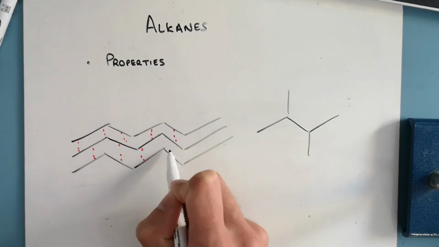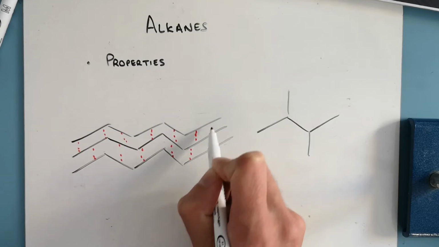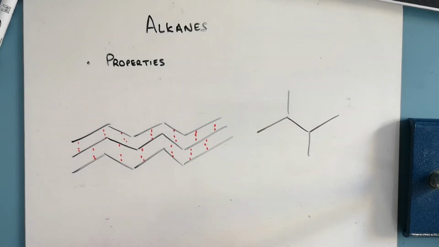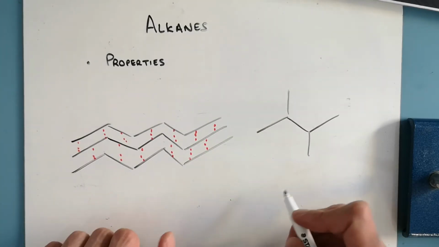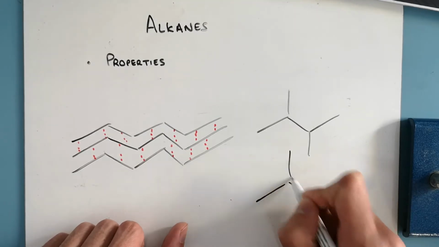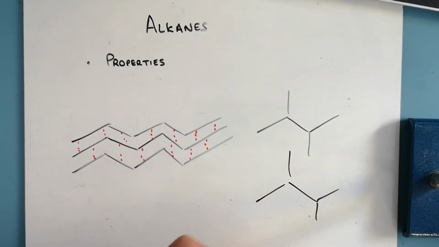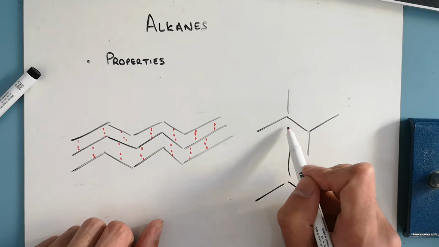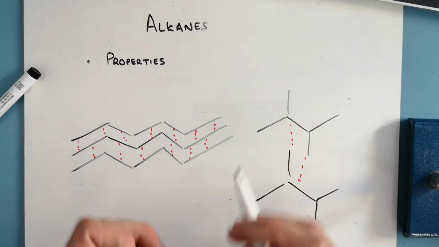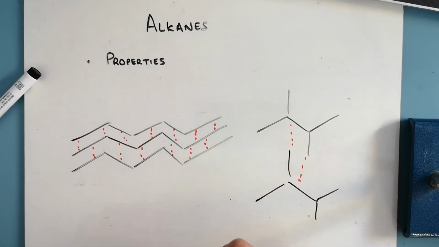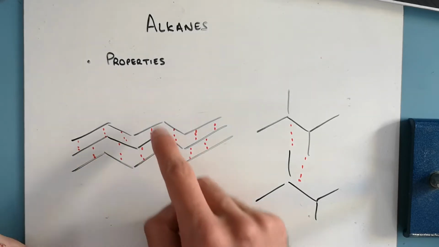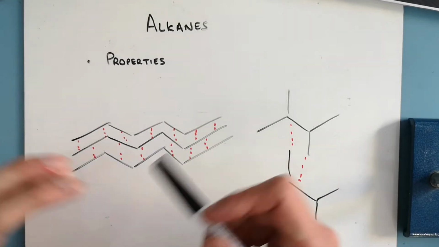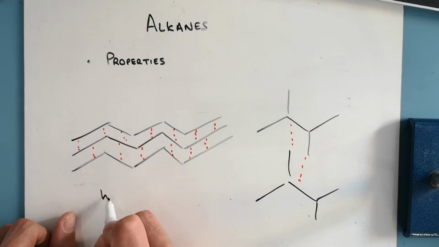So lots and lots of London dispersion forces, because it's nice and neatly layered. Whereas this branched chain we've got here can't get quite into the same layers. So we'll have some London dispersion forces connecting the two molecules and holding them together, but not as many as the straight chain. So the straight chain will have a higher boiling point.